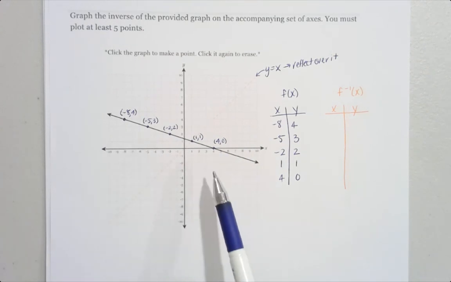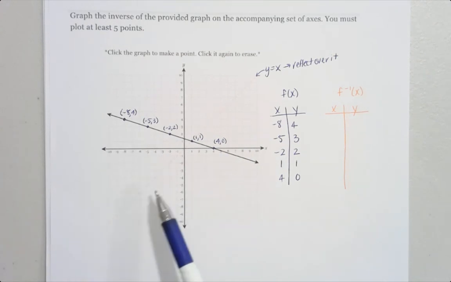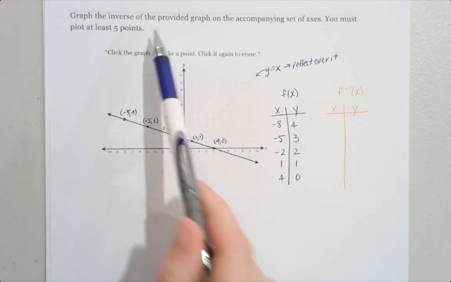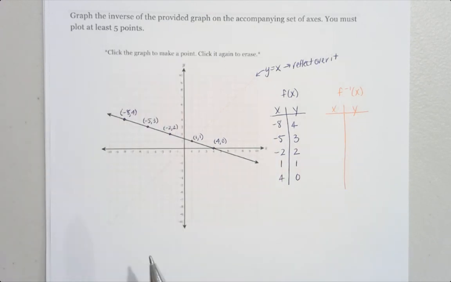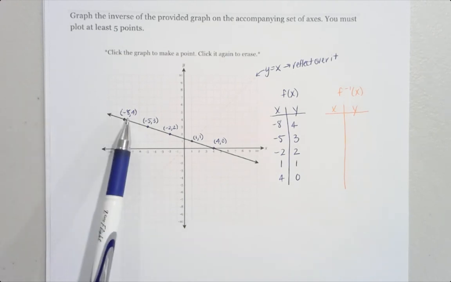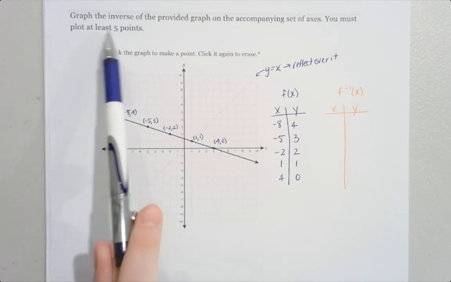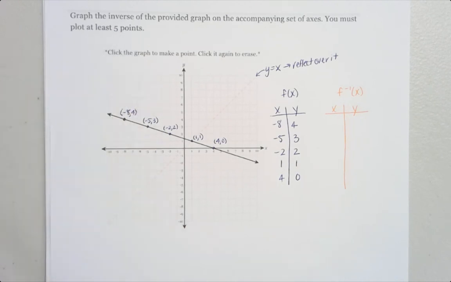And then if you click on it again, it will erase it. But also if you do this, it will eventually, because it says you have to choose 5 points, connect those dots for you the way that they should be connected. So all I did so far was identify 5 points here on this function that they've given us right now. And they said that we have to identify 5 points on the inverse function.